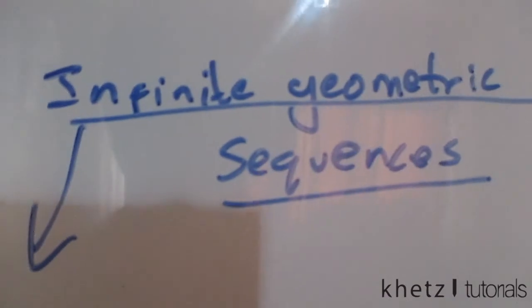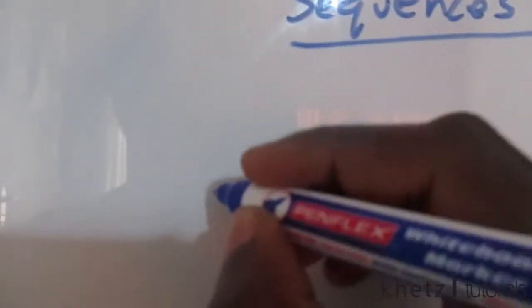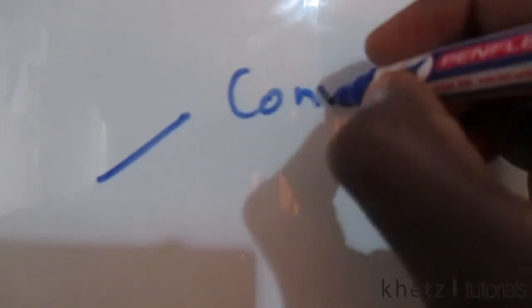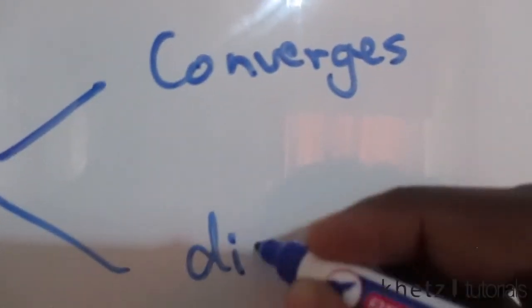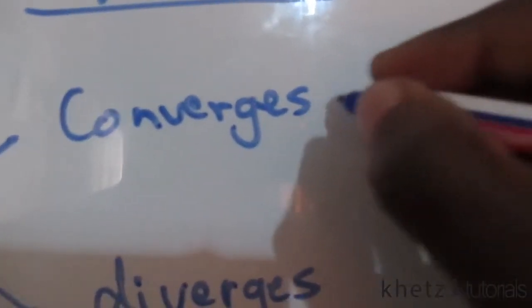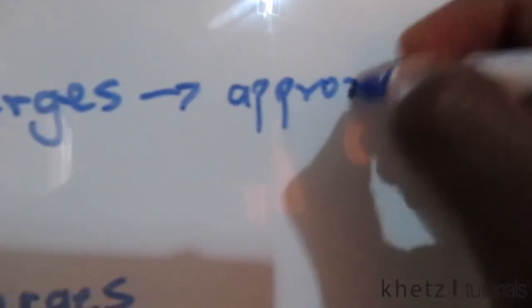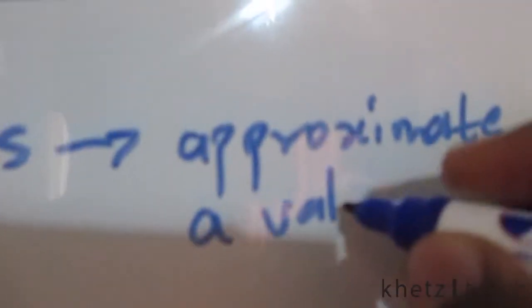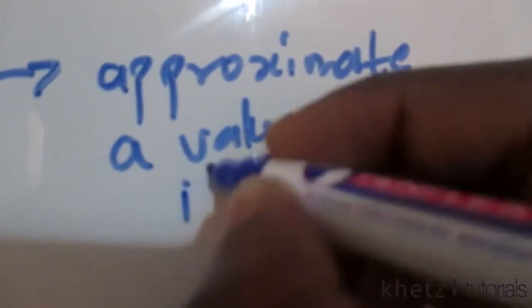So what do we actually want to talk about in this case? We have 2 cases where a geometric sequence can be convergent, or where it converges, or where it diverges. And when it converges, we're basically saying that we can approximate a value which it reaches.